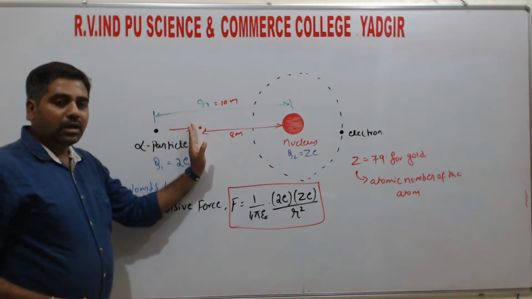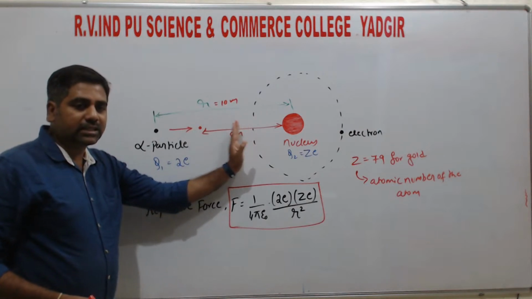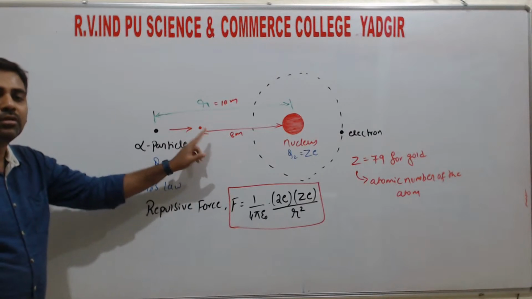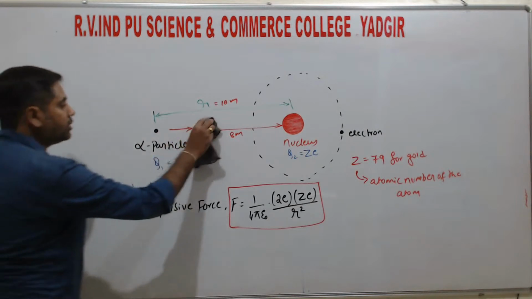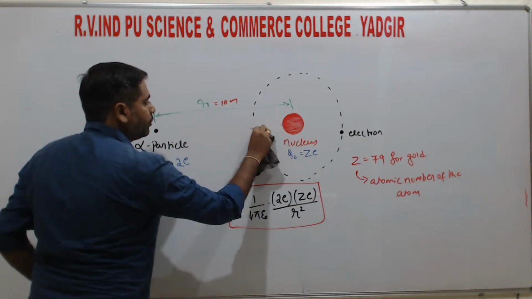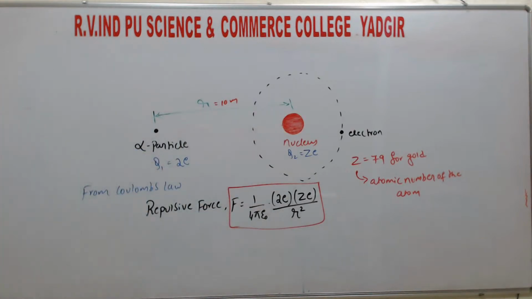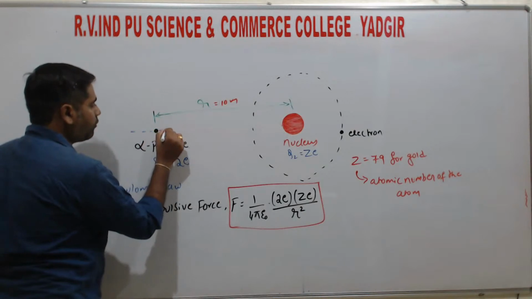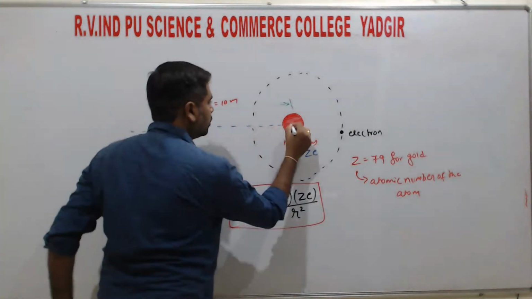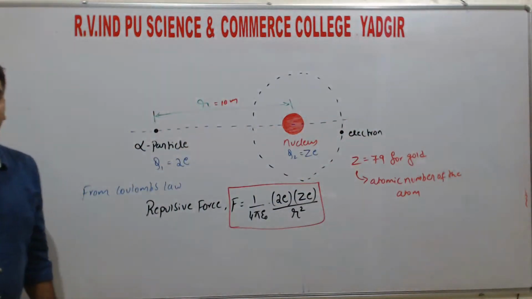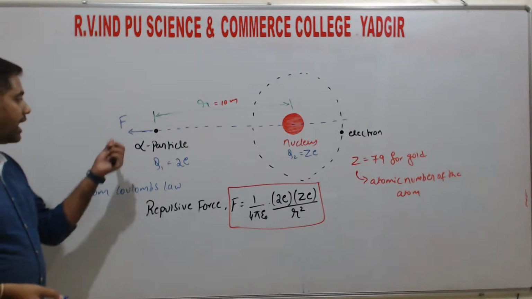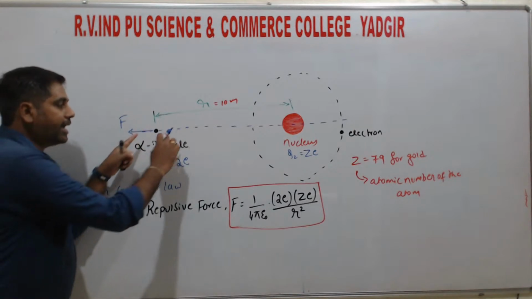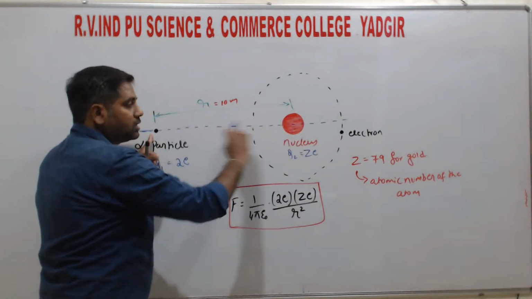For that reason the distance varies each time, and then its magnitude and direction also change, right? As force is a vector, its direction is always along the line joining the alpha particle and the nucleus, along the straight line.